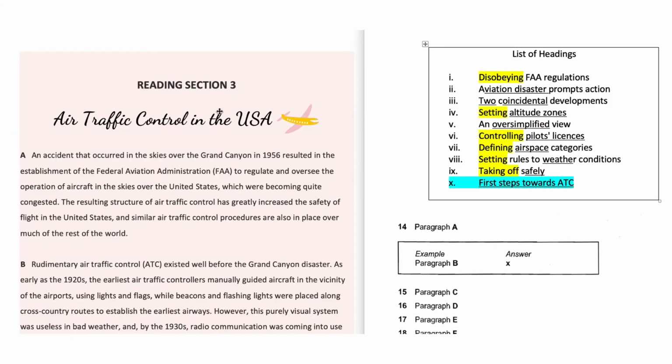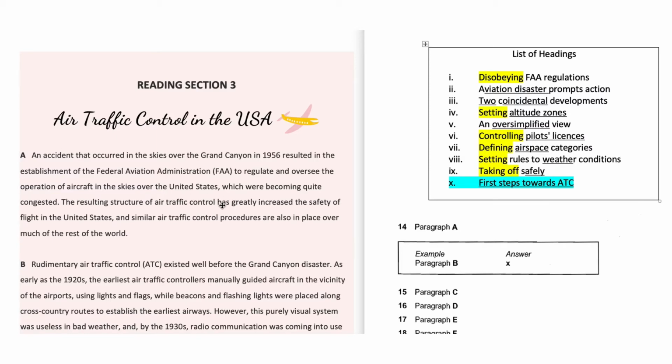So we're back to the text, and we've got the reading text on the left and the list of headings on the right. Now, this is where the reading starts, but you need to use a technique which is very, very useful in IELTS reading, and that technique is skimming and scanning. Skimming means reading quickly without reading every word, so that you get an overall impression of a text or parts of the text, in this case the paragraph.